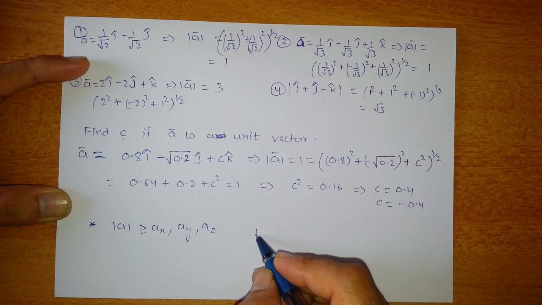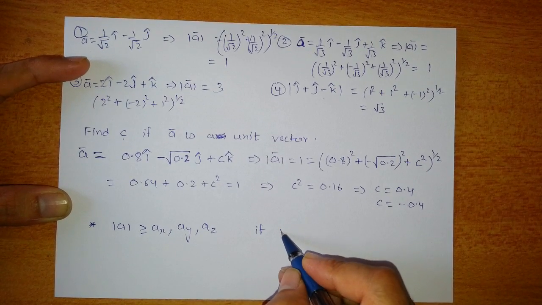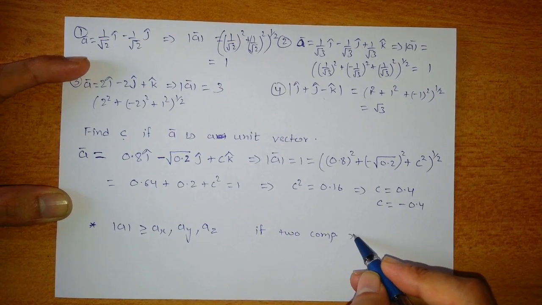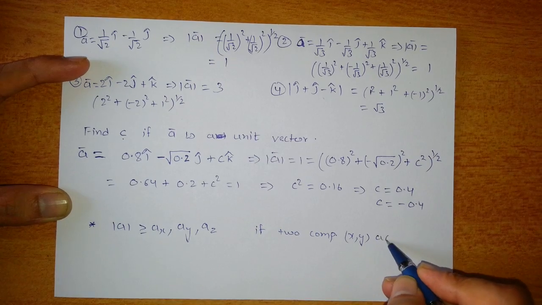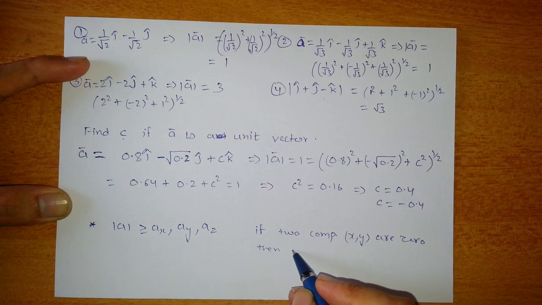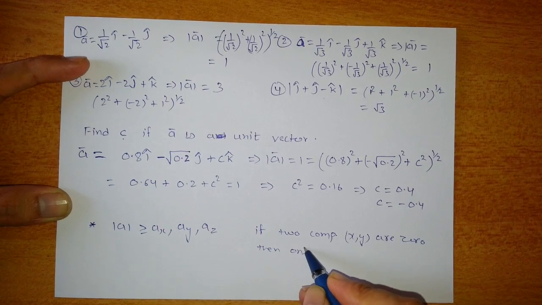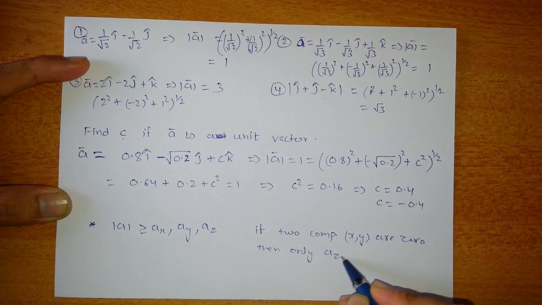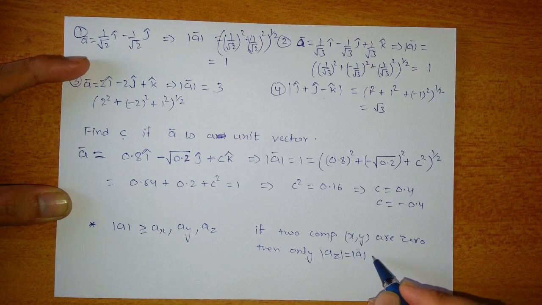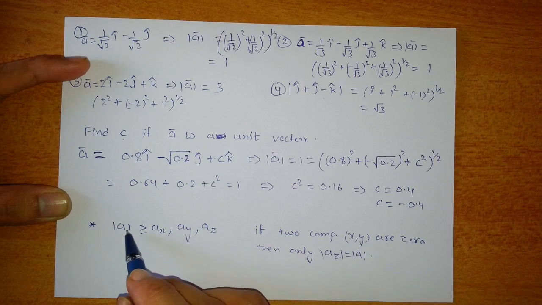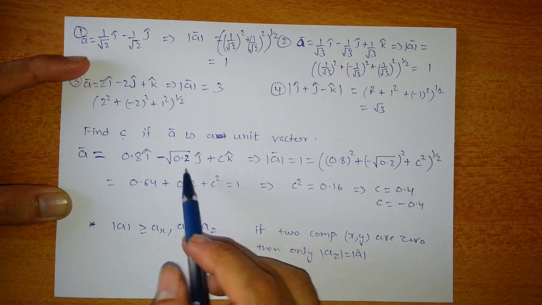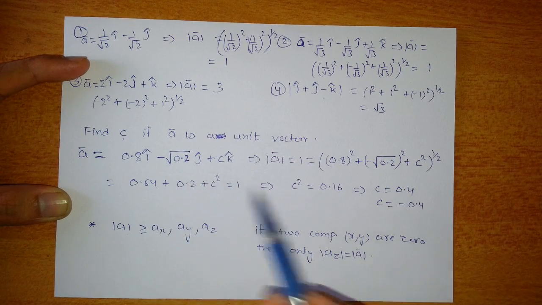So if two components, say x and y, are 0, then only az will be equal to the magnitude of vector A. Otherwise, each component will be smaller than the magnitude of the whole vector because ultimately they will add, whether they are negative or positive components.